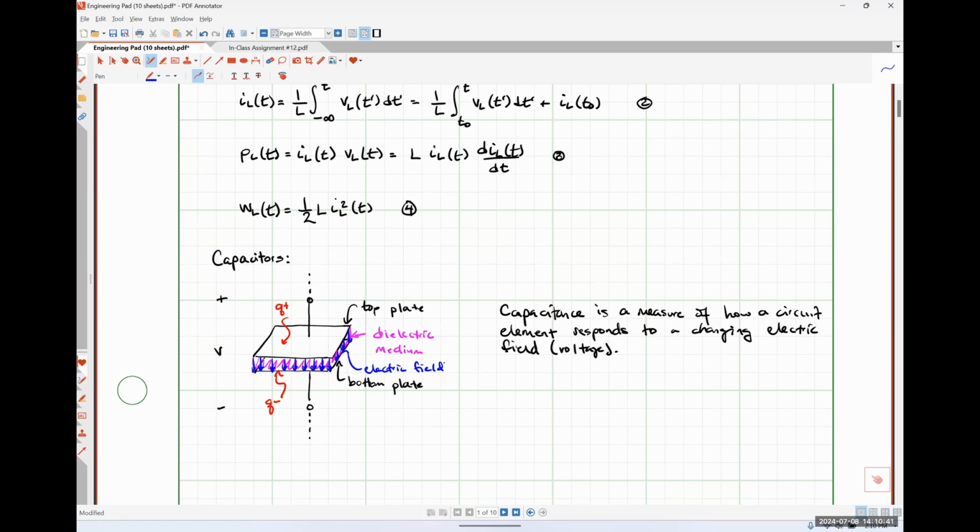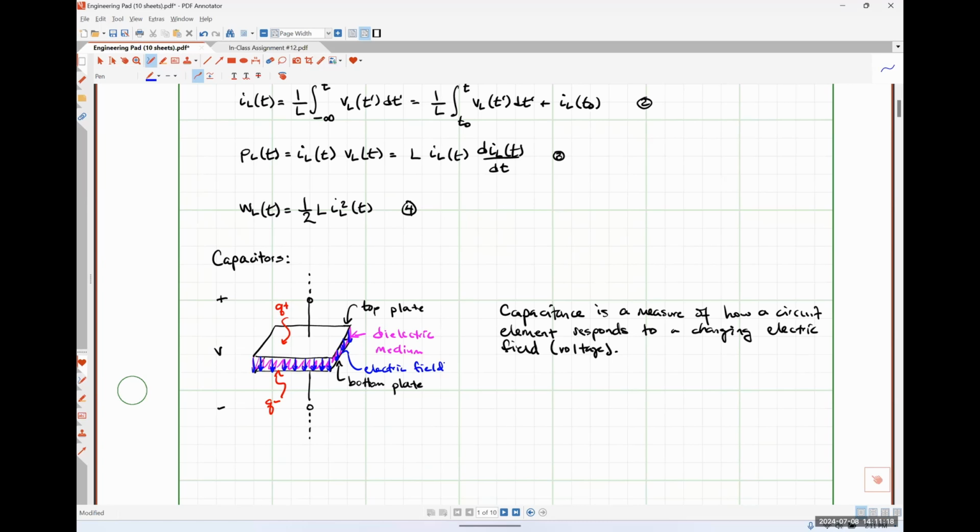So effectively, for every charge that we put on either the top plate or the bottom plate, it becomes a little bit harder to put the next amount of charge on that plate. So we have to put work into moving charge onto the plate. And then when we decrease that voltage, so let's say that we turn the voltage off, all of the work that was put into accumulating charge on the plates gets sent back out into the system in the form of what's called a displacement current.